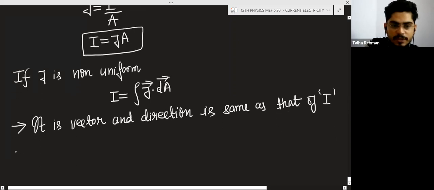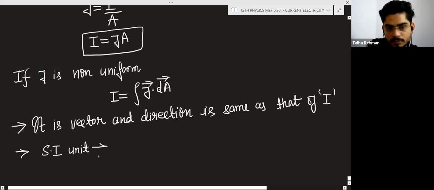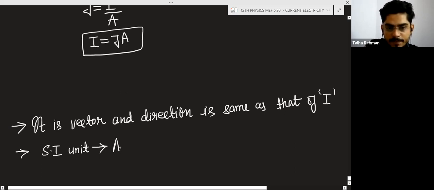The SI unit of this is ampere per meter square.